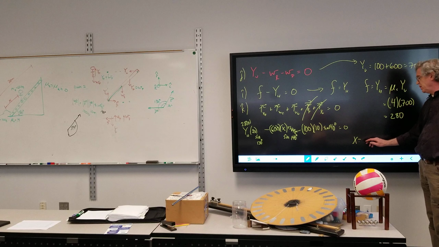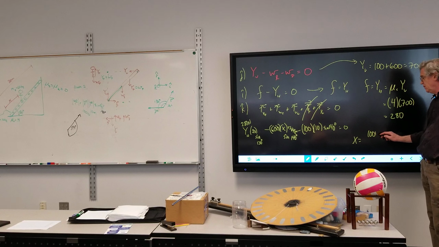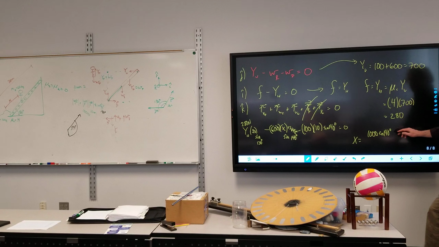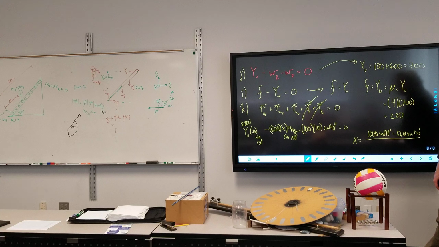So x is going to be 1,000 times the sine of 140 degrees minus 5,600 times the sine of 130 degrees, divided by 280, 2,800, 28 times 2 is 56, okay, divided by negative 600 times the sine of 140 degrees.